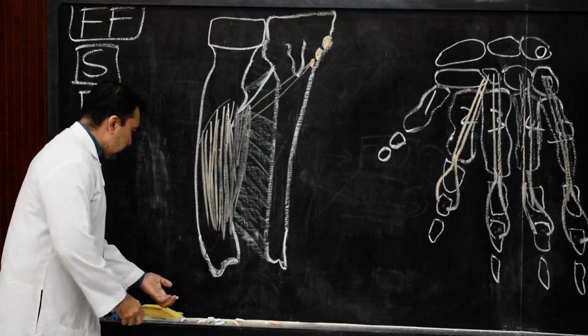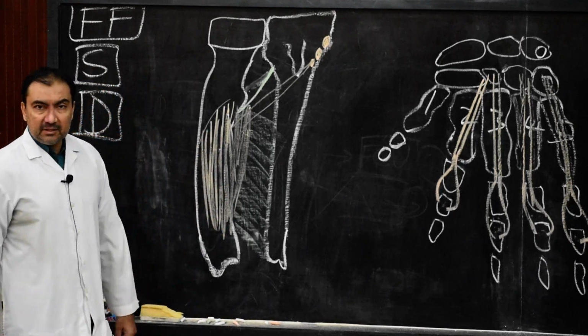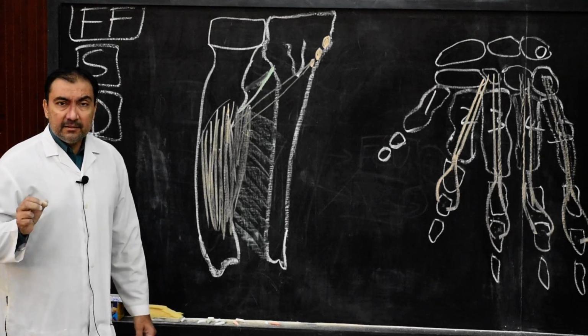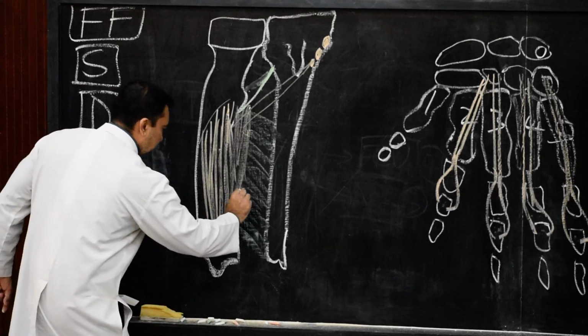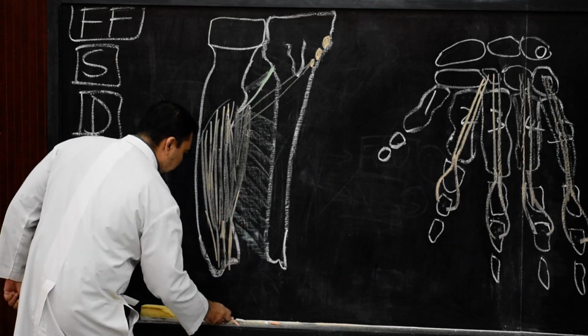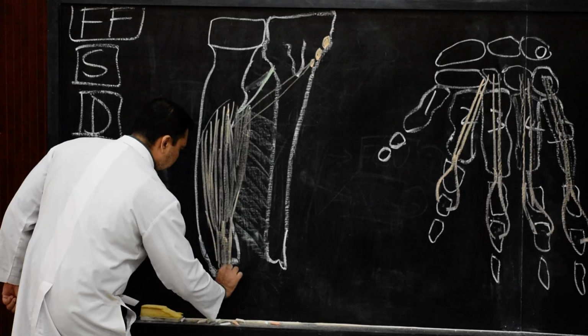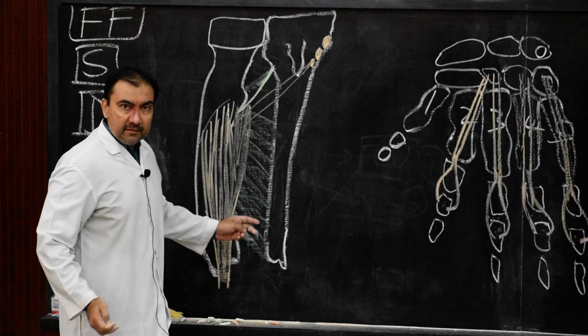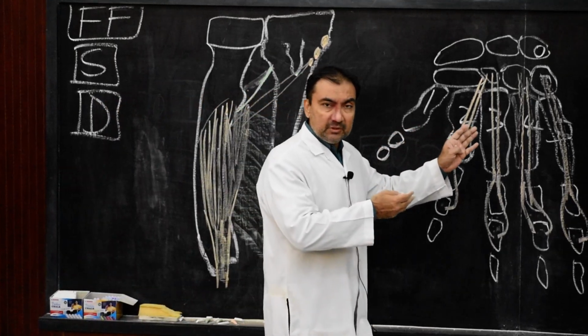Now insertion. The insertion of this flexor pollicis longus muscle will be, it will pass directly beneath the flexor retinaculum. It will condense into a tendon, and this is the tendon which will pass beneath the flexor retinaculum. And here we will take the help of this diagram. Please come on this side.